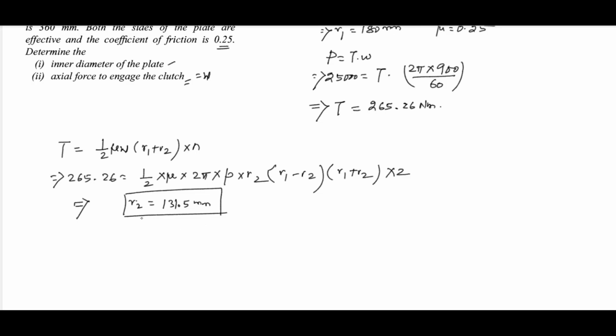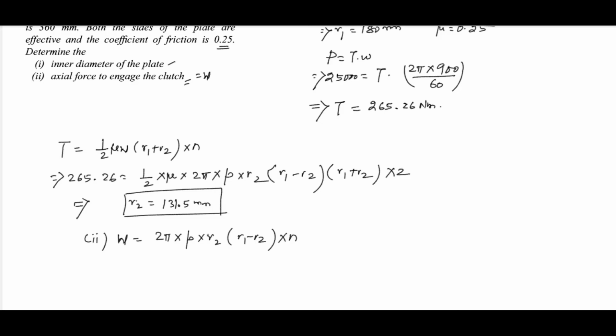Okay, now the second bit was to find out W. So to find out W, you will use this relation that W is equal to 2 pi into P into R2 into (R1 minus R2) into n.